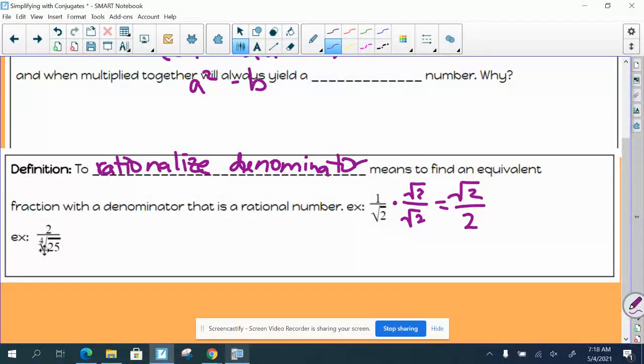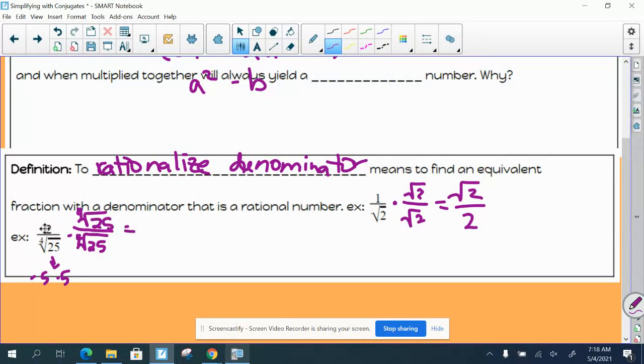Now for this one, if I have the fourth root of 25, well, first of all, we have 5 times 5 in here. So if I want to have 4 5s, I would have to multiply again by the fourth root of 25. So I'm going to do the fourth root of 25 over the fourth root of 25.